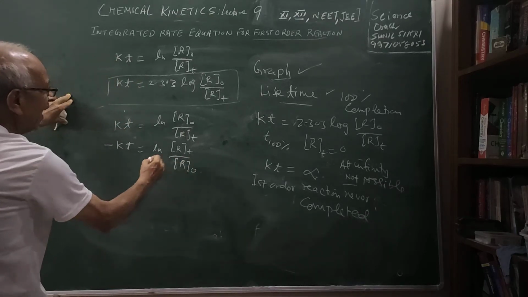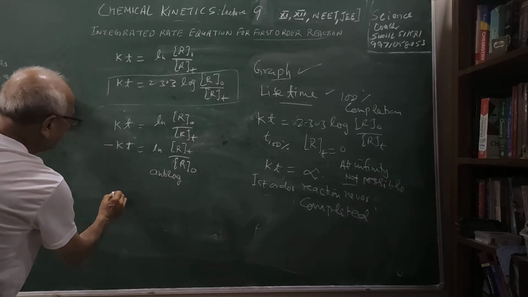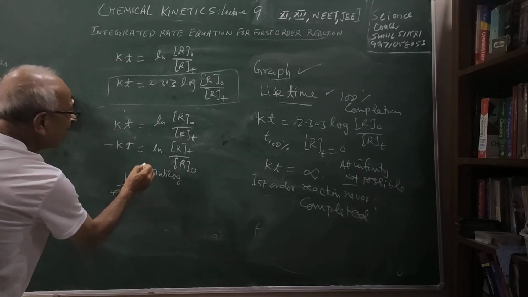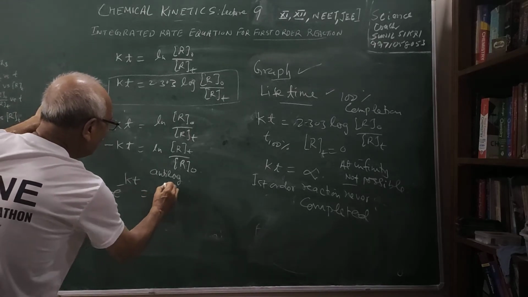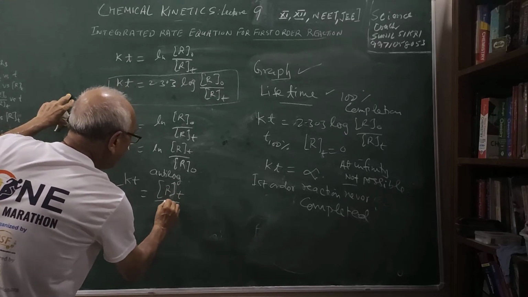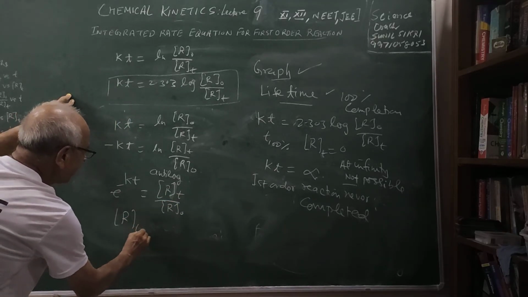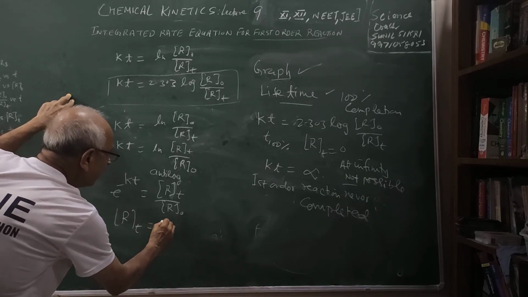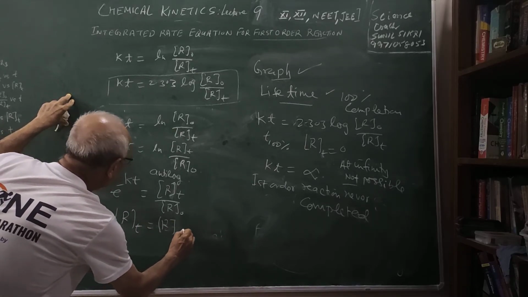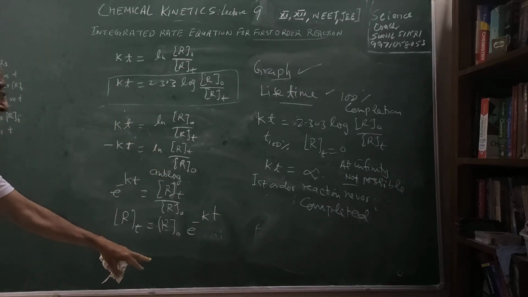If I take the anti-log, then it will take another form, which is e to the power minus kt equal to Rt by R0. Or another formula: Rt, the concentration after time t, is equal to R0 e to the power minus kt. This is the exponential form.